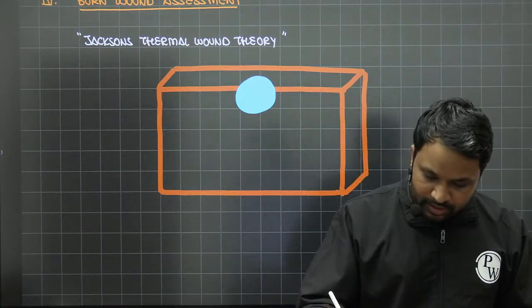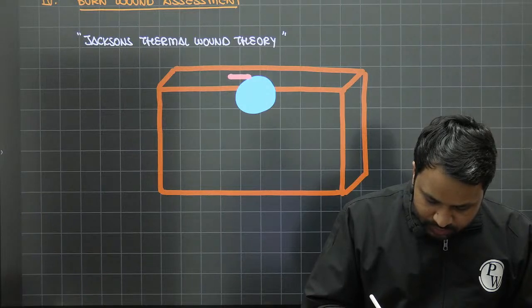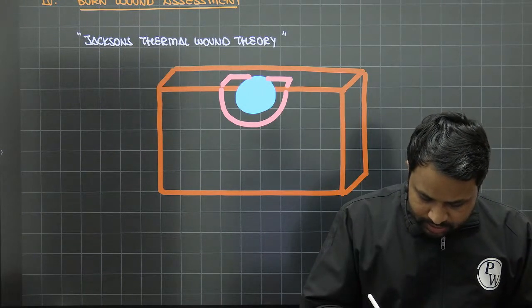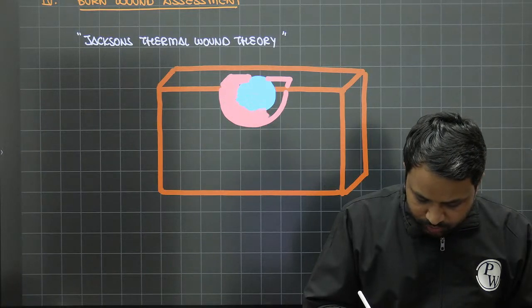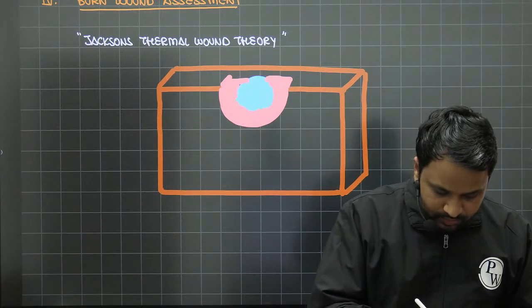Surrounding this area, there is another distinctive zone of injury which is going to be here. This is the second zone around the first zone.